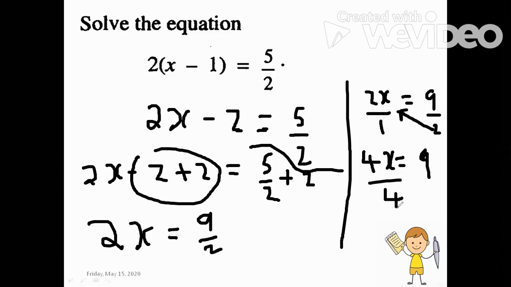And we divide everything by 4. So our answer there is 9 over 4. So x is equal to 9 over 4. Or you could reduce that to a mixed fraction, which is 2 and a quarter.